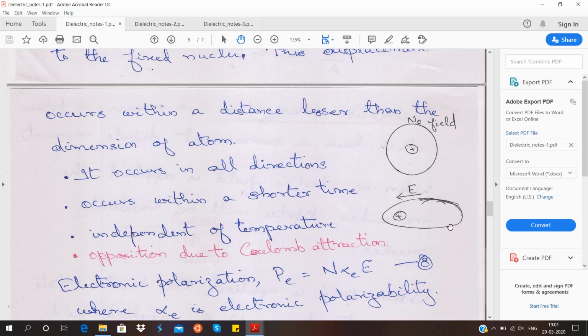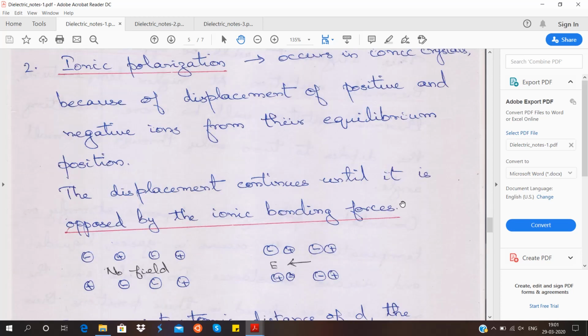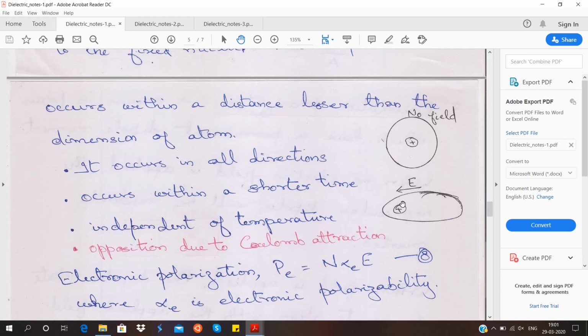Now, going further, let's think about this. How far can this expansion go? That means, can this ellipse-like structure keep on extending till infinity? Or is there any limit? So the limit comes by understanding the structure of an atom.